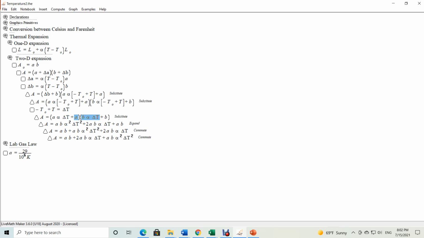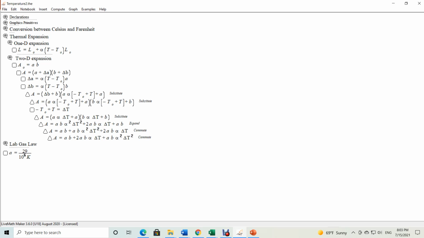And finally, we get our second order term in the temperature. It's a total of 4 terms that ended up being 3 because those previous 2 terms sum up with one another. It's very important that we look here at this term.